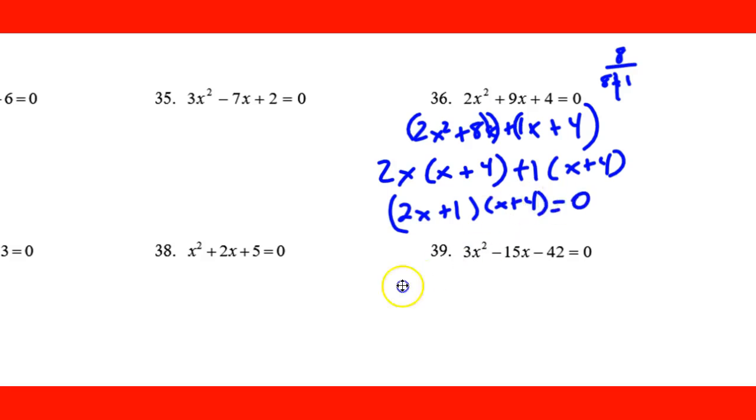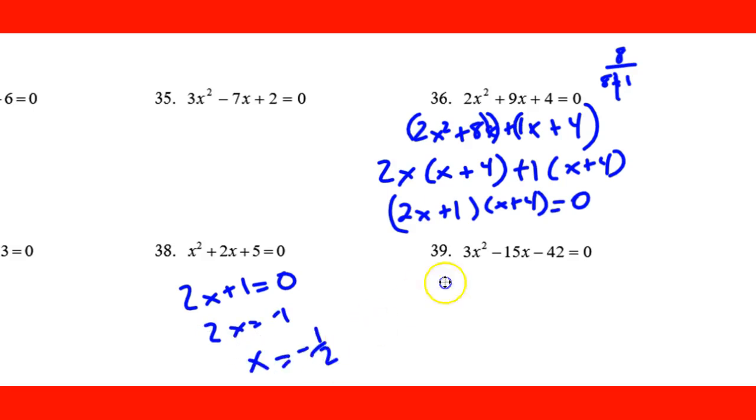So now I set both of those equal to 0. If I subtract 1, I have 2x equal to -1, and then divide by 2, x equals -1/2. And then right here, x plus 4. So you subtract 4, so x equals -4.